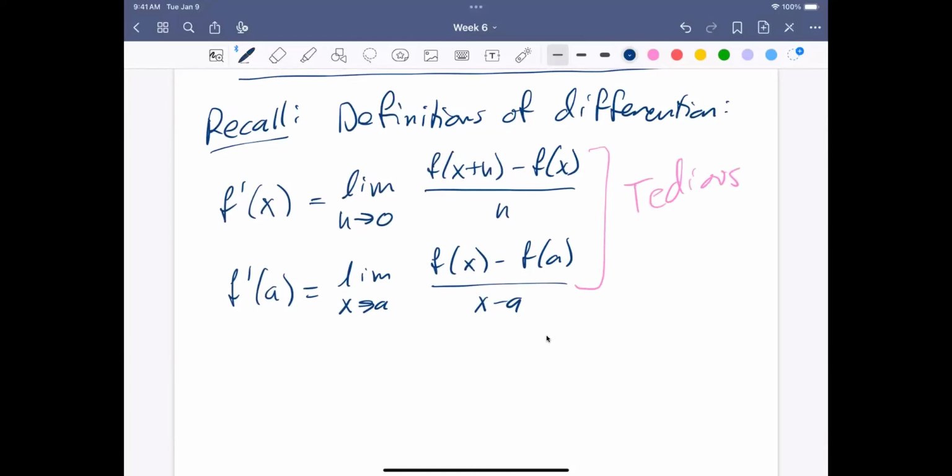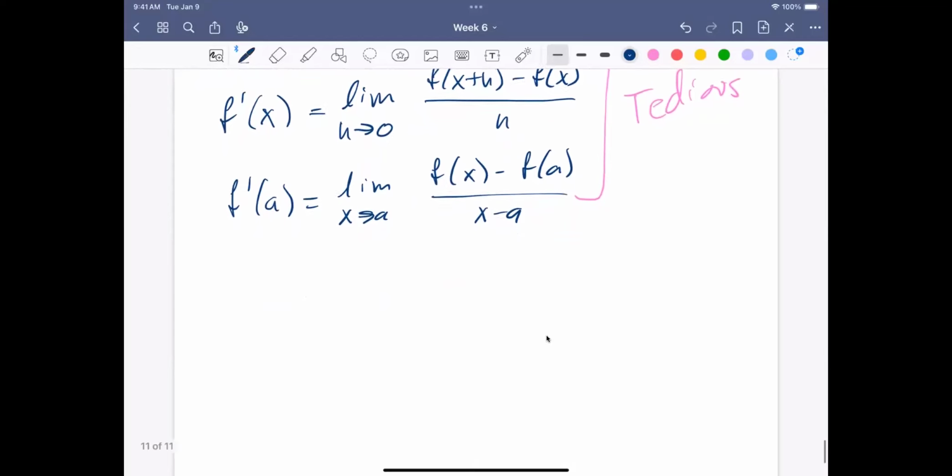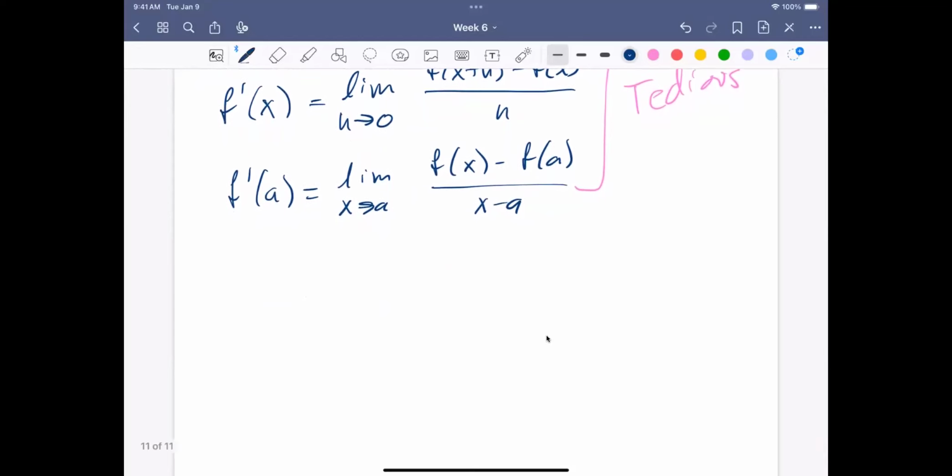And so today's goal is to find some formulas to make this easier and faster.